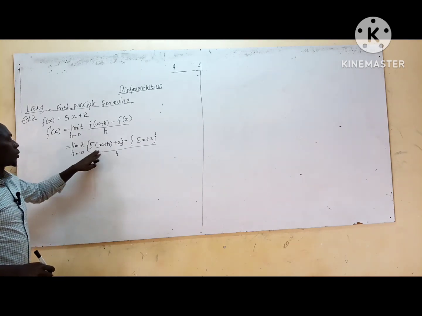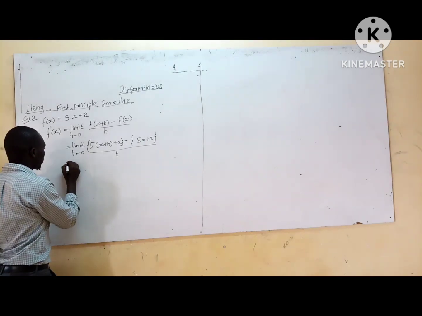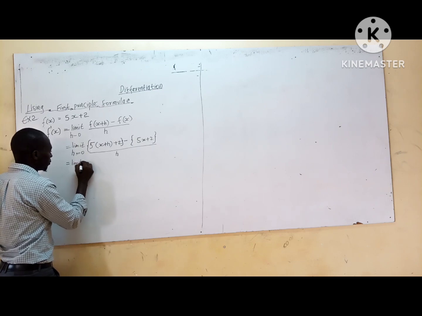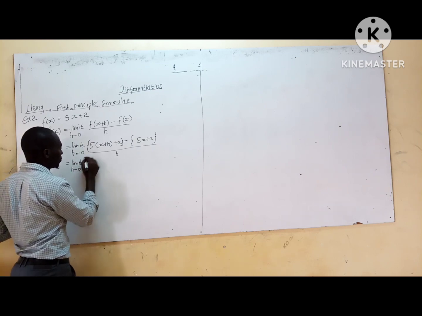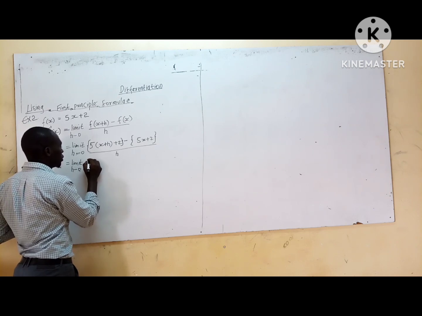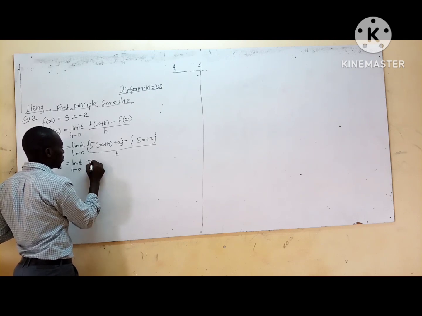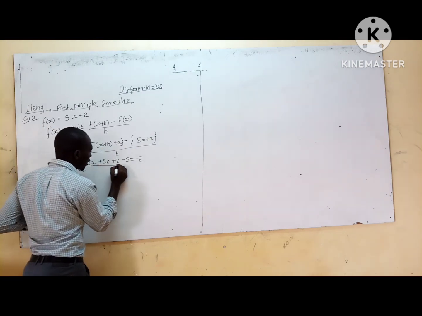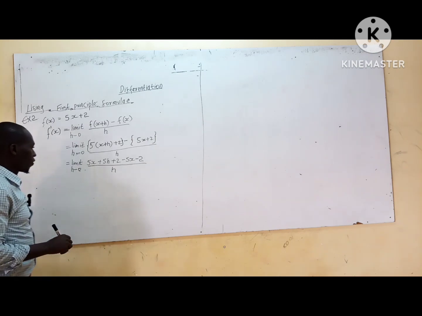Let us now work out what we have within the bracket. We are going to have the limit as h approaches 0 of 5x, everything all over h.